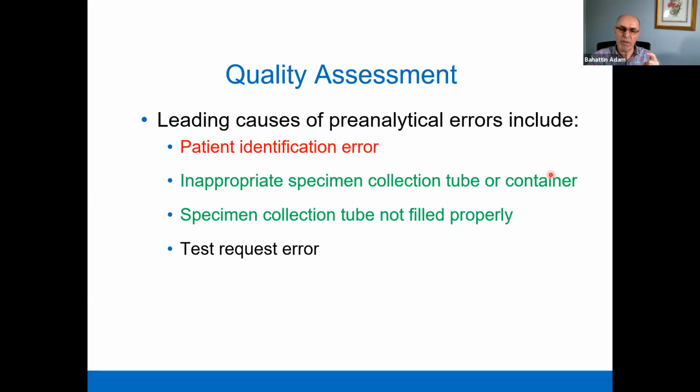Test request errors are other pre-analytical errors. They may come from the physicians if they request a wrong test, which also affects the total quality of the test results.